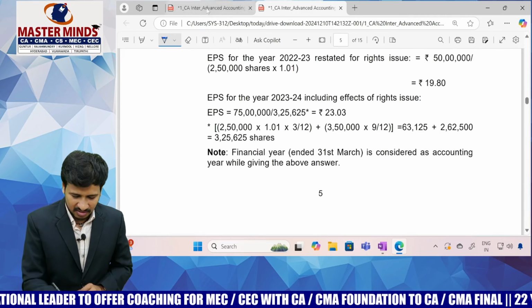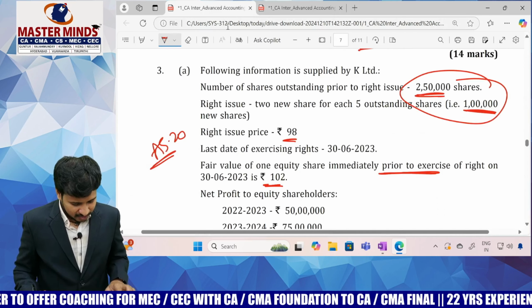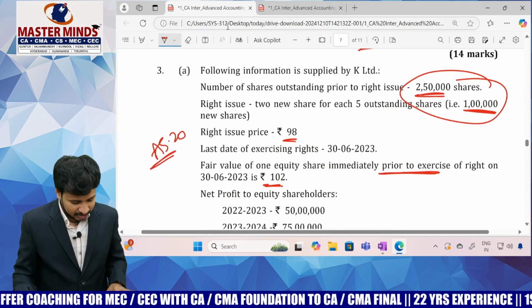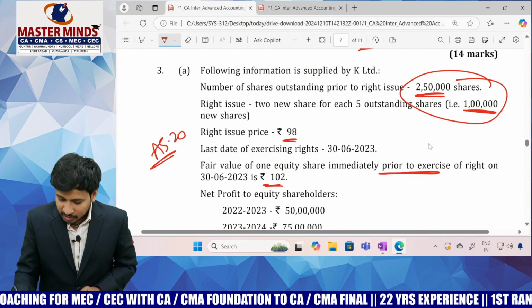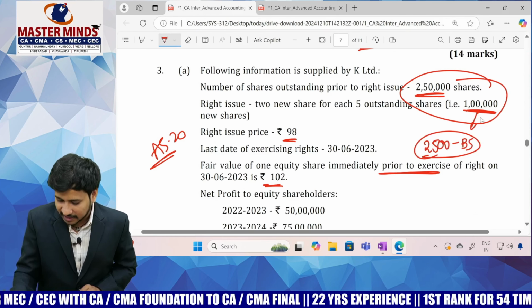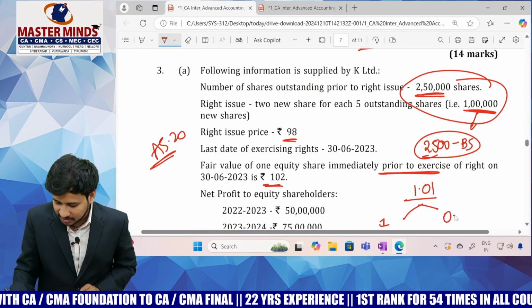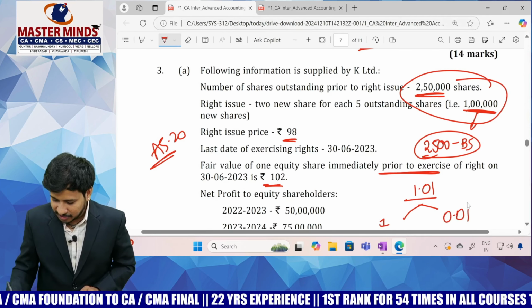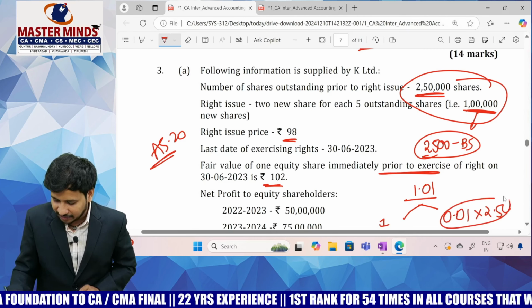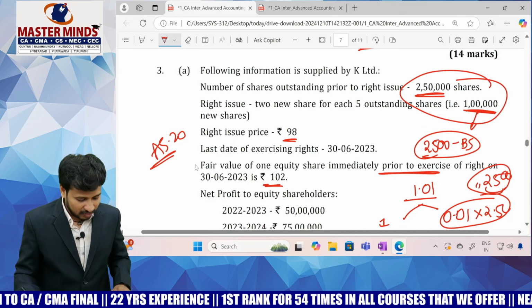Such a simple thing, and further you can solve it. 0.01 is a bonus, in the sense multiplied by original shares 2,50,000. So 2,500 shares can be considered as bonus out of this 1 lakh. I mean to tell 1.01, right? So separate 1 and 0.01. 0.01 into original shares 2.5 lakh, you have got 2,500 shares as bonus out of 1 lakh.